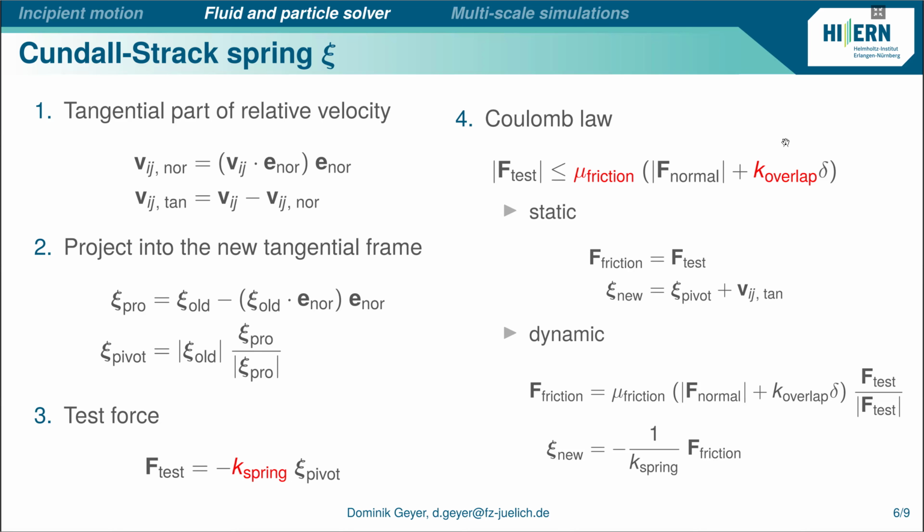When I'm below this threshold, I apply the static state. And when I am in the moving state, I apply this update rule. And that's how I implemented the Cundall-Strack spring into my model.